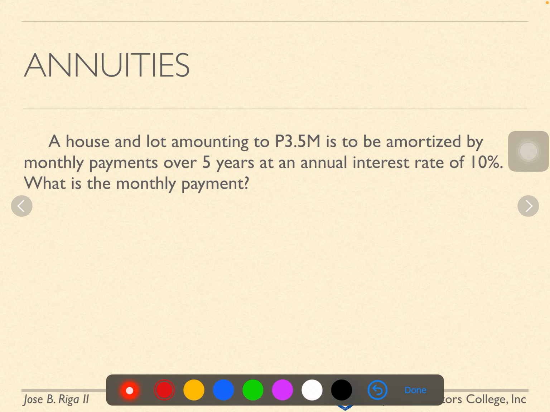What is the monthly payment? So let's find the payment. P is the 3.5 million, i is the interest rate, and n is, since the payments are monthly, 5 times 12.